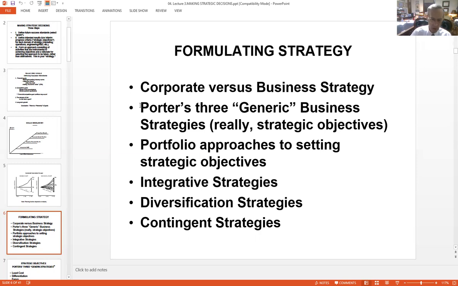Another possibility might be to integrate our existing business with other businesses, perhaps those that sell our products or supply it with components, or alternatively, to integrate our business with other businesses just like ours. We'll talk about that as well. And finally, diversification, getting into new lines of business altogether.